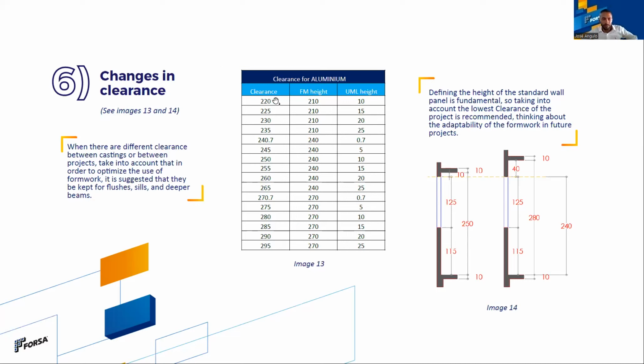So, for example, if you have 2.2 meters clear height, you will find out that we will use a 2.1 meters wall panel, and we will use a wall slab union of 10 centimeters. Quite simple. This is how the formwork industry decides to do it, because normally we have 30 centimeters between the standard panels.